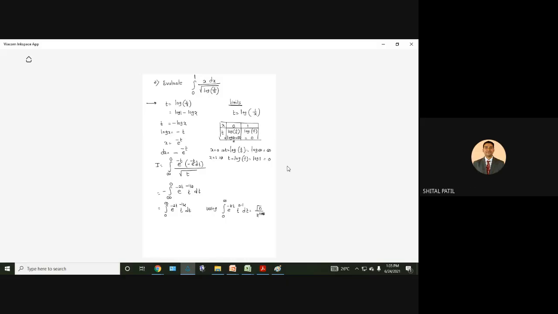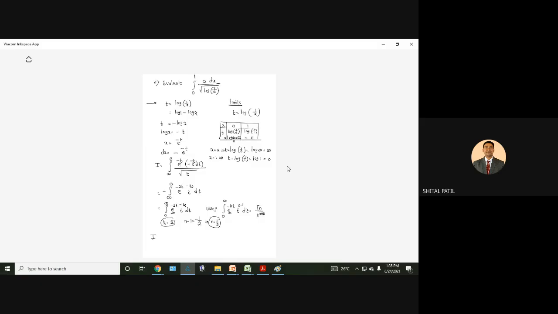Sir, n. Okay. So we have e raised to minus kt, e raised to minus 2t. So k equal to 2 and n minus 1 equal to minus half. So n equal to plus half with these two values.